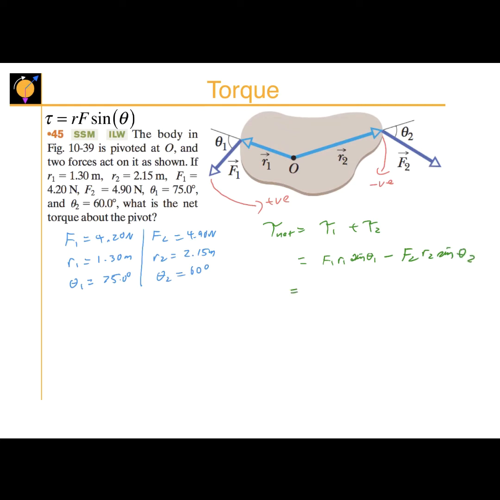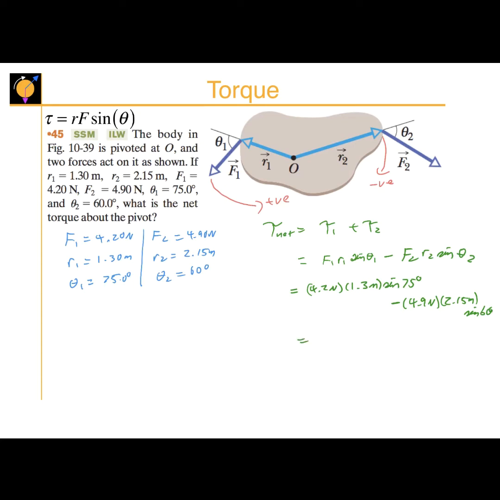So we start plugging everything in, right? We have 4.2 newtons times 1.3 meters, I'll put in the sig figs at the end, times the sine of 75 degrees, minus, here we have 4.9 newtons times 2.15 meters times the sine of 60 degrees.